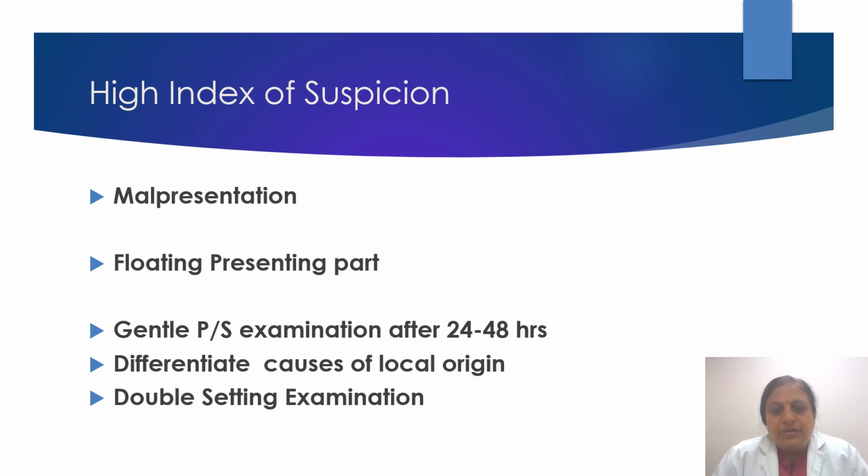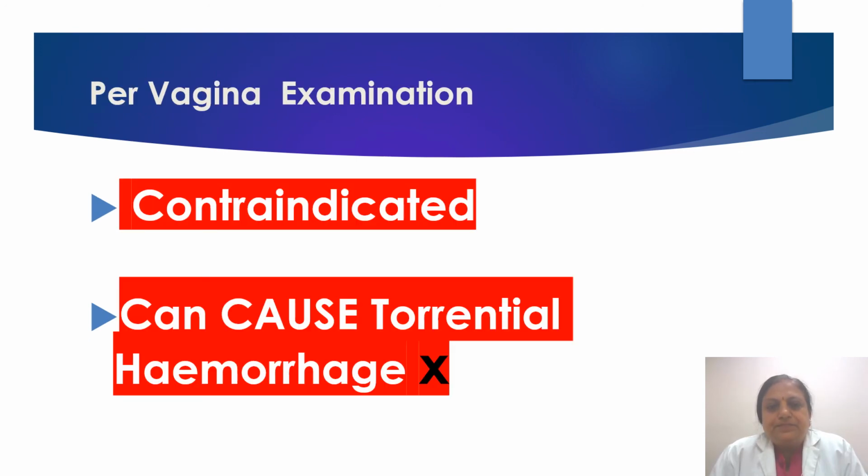Then try to differentiate from other local causes of bleeding PV, like varicose veins, polyps, cervical erosions. And examination should preferably be done in the double setup. Per vaginal examination is absolutely contraindicated because any finger manipulation can lead to torrential hemorrhage.